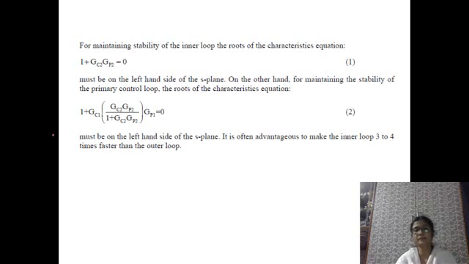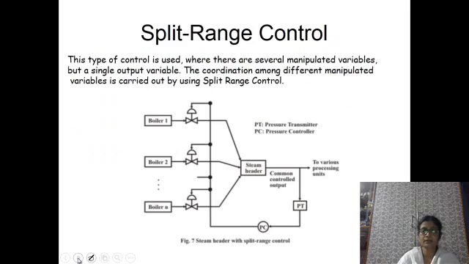It is often advantageous to make the inner loop 3-4 times faster than the outer loop. So the inner loop should always be a high gain or fast system compared to the outer loop.